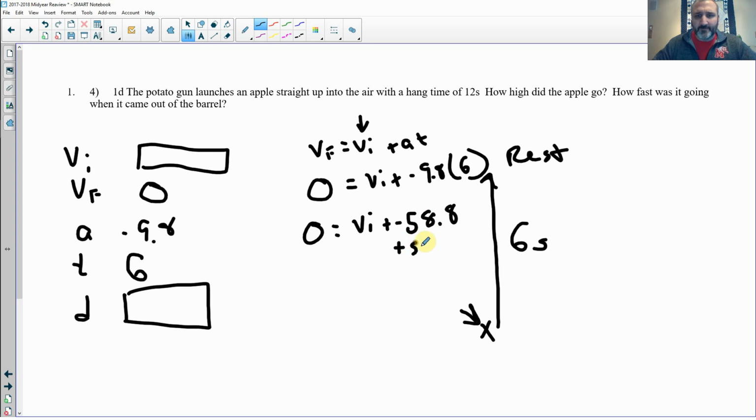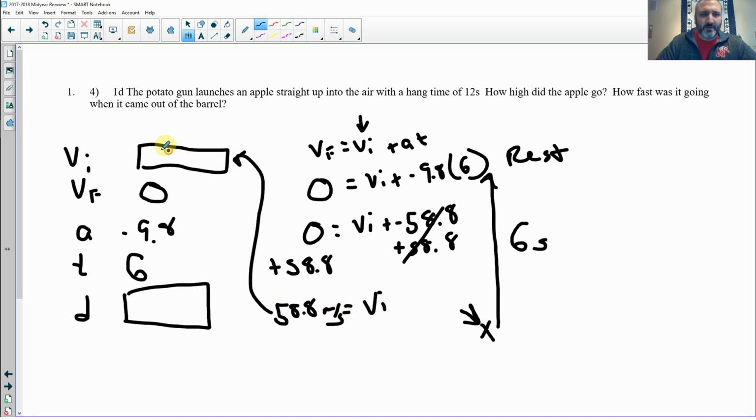Then we would add 58.8 to both sides, and those cancel out. VI would then be 58.8 meters per second. So that's the first part.